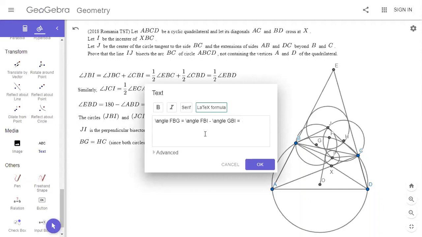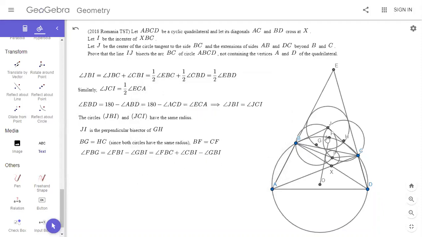let me think about this. FBC plus angle CBI minus angle GBI. So write this out for now. Okay.